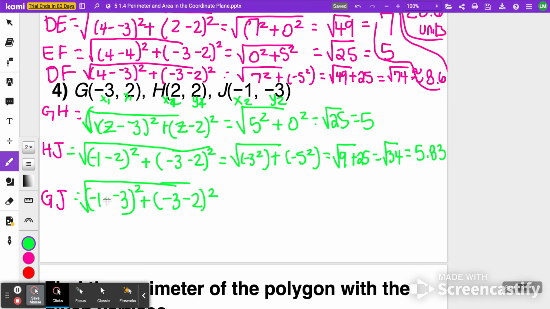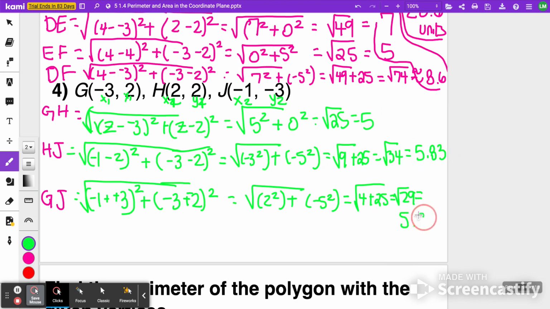Negative 1 minus negative 3 actually means negative 1 plus 3, so that would be 2 squared plus negative 3 minus 2, negative 5 squared. That's going to translate to 4 plus 25, so we're going to get the square root of 29, which is about 5.39.